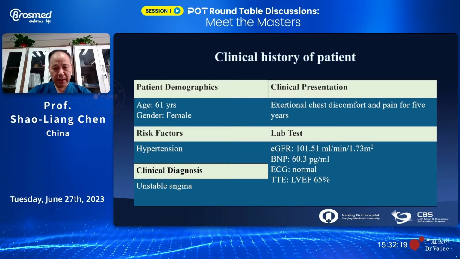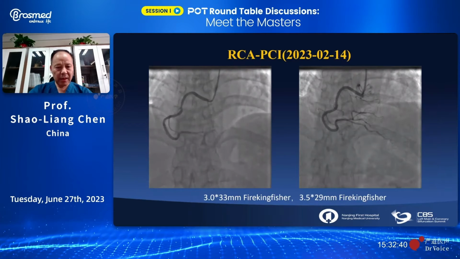The clinical presentation was exertional chest discomfort and pain for 5 years, worsened for only 2 weeks. Nothing specific on laboratory tests, BNP normal, EKG normal, left ventricular ejection fraction was 65%.